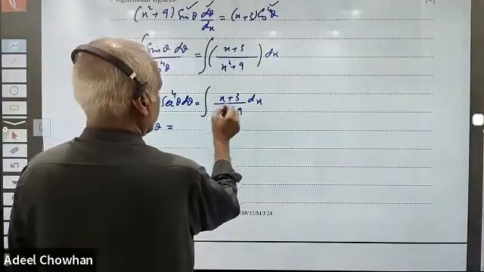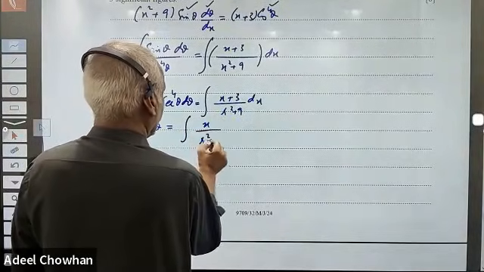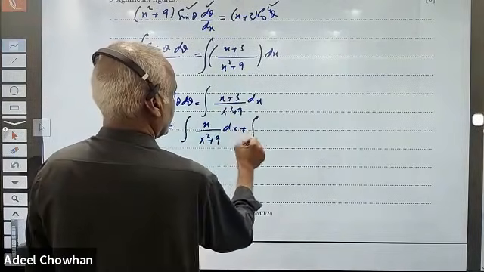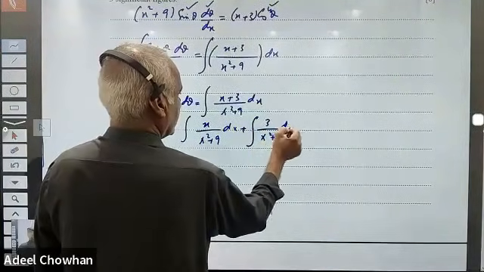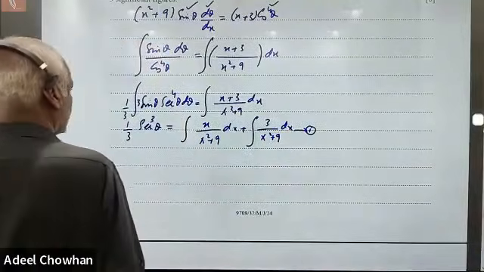This is quadratic, this is linear, so you can write it as x over (x square plus 9) d of x plus 3 over (x square plus 9) d of x. Let's say it is equation number 1.